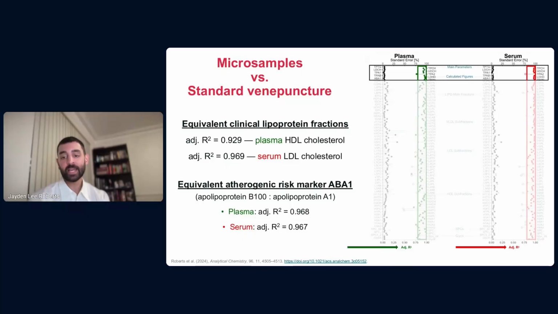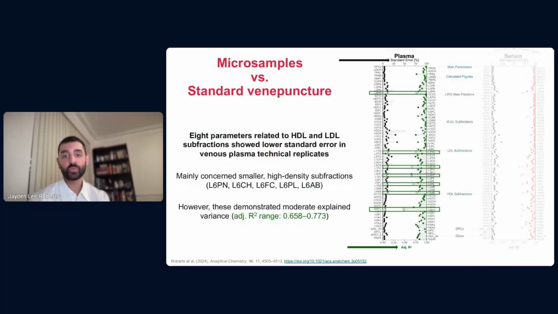Of the parameters that didn't achieve the strong significant relationships, 8 parameters related to HDL and LDL subfractions showed lower standard error in venous plasma technical replicates. And these mainly concern the smaller, denser subfractions, so the very smallest subfraction of LDL for the particle number, cholesterol marker, and free cholesterol and phospholipid markers, as well as the apolipoprotein B100.